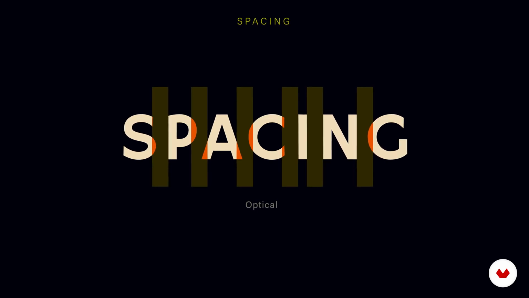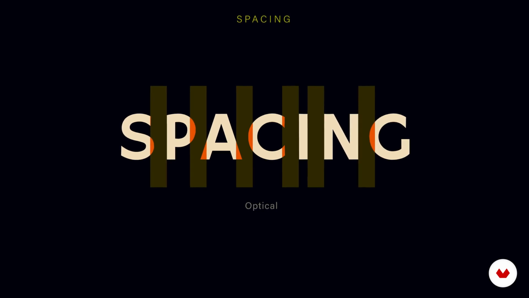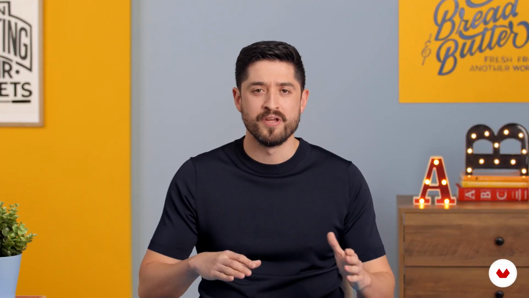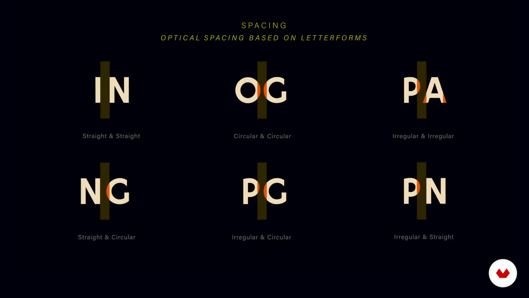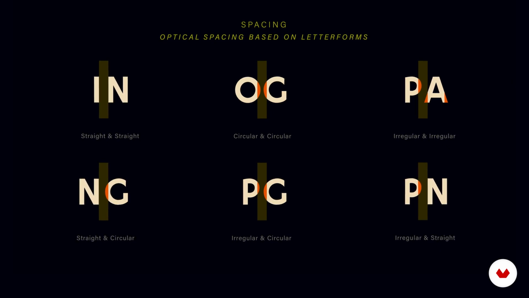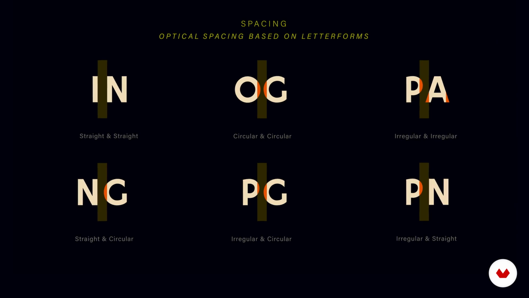Each of the shapes is going to have an individual unique spacing. Optical spacing is going to use the relationship between the shapes. For that, we have 6 different kinds: straight and straight, circular and circular, straight and circular, circular and irregular, straight and irregular, and irregular and irregular.